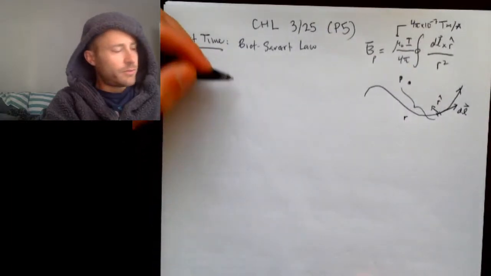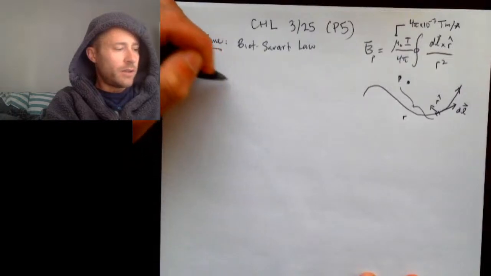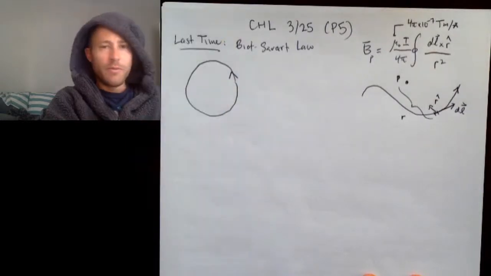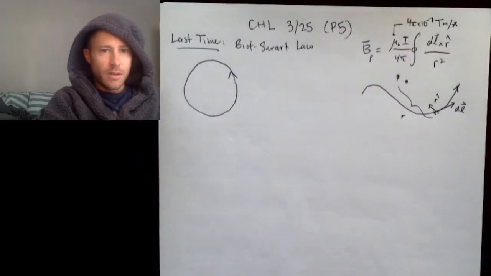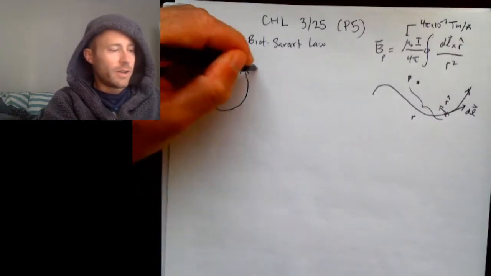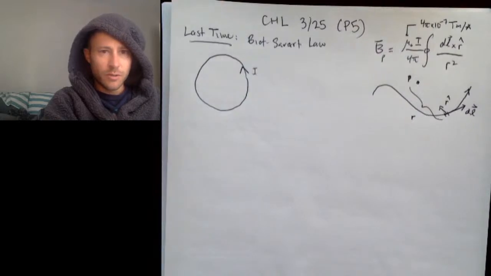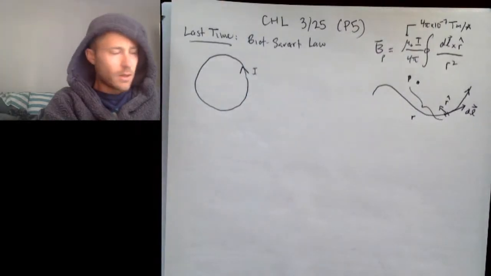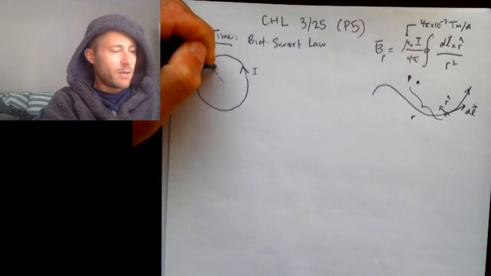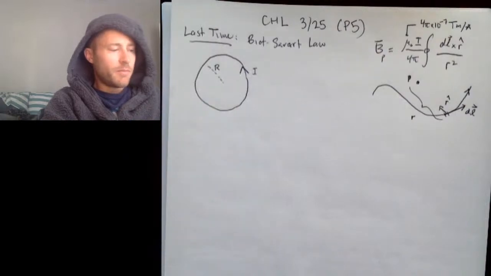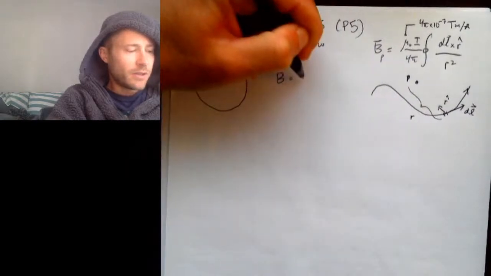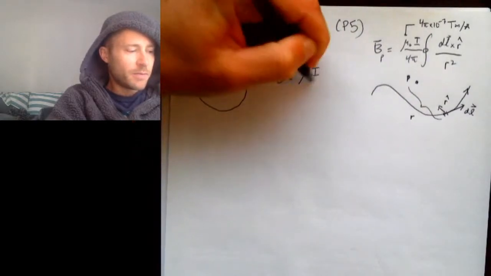We applied this law to a circle, and what we found is that if you have a current flowing in the counterclockwise sense around a circle, okay, and the circle has a radius r, then the magnetic field has a magnitude of mu naught I over 2r.